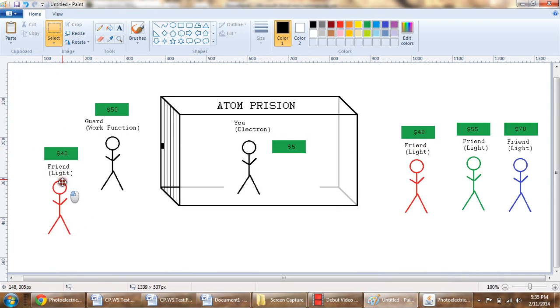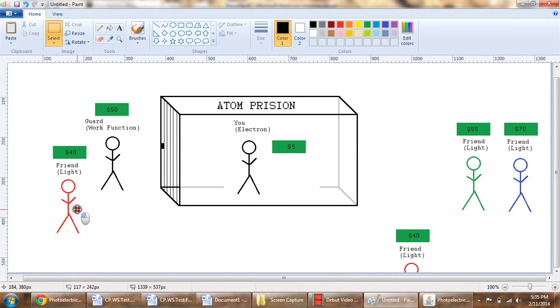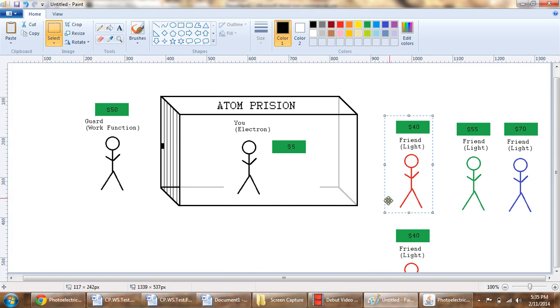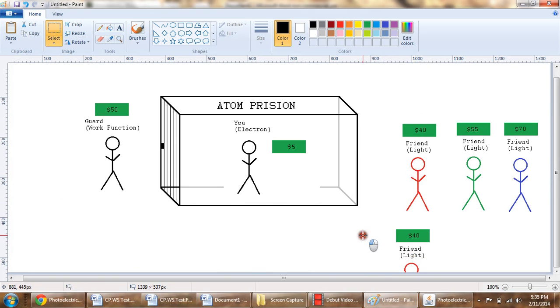Okay, you got two friends now. First friend comes, no thank you. Guard says, "Nope." Your second friend comes along, "I got $40 too." "Nope, not enough." The problem is only one friend or only one particle of light can interact with the guard, or the work function, at a time.